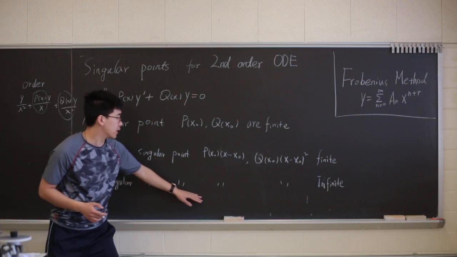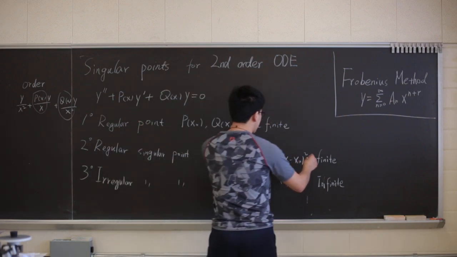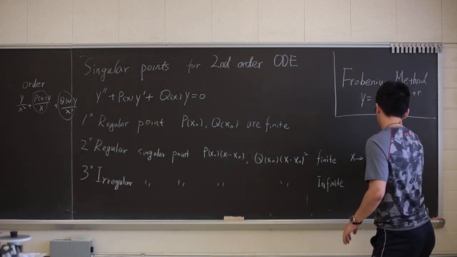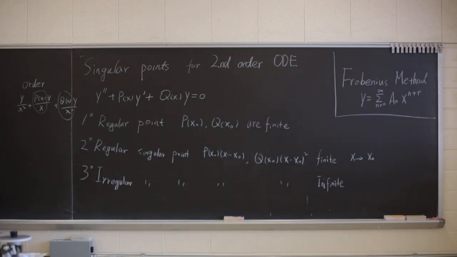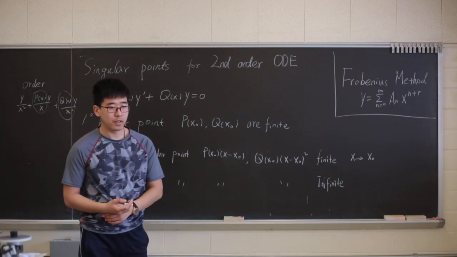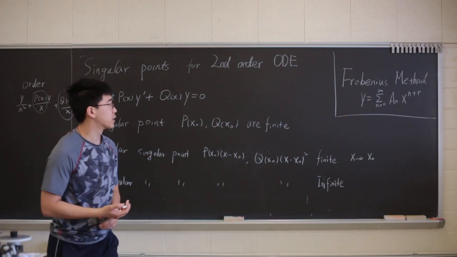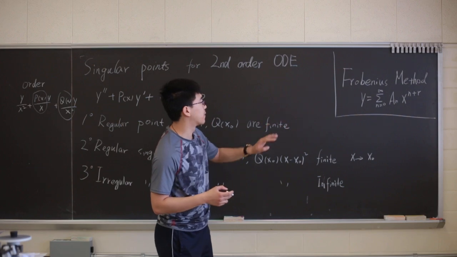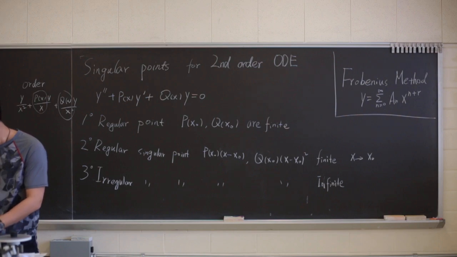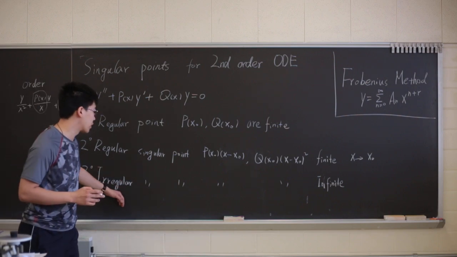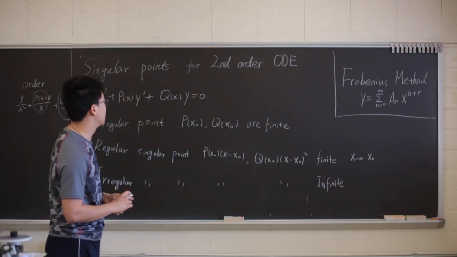And if it's infinite at those points, of course, with x approaching x0, then the growth rate is higher than the polynomial, which gives us a bigger challenge, or we have to modify the Frobenius method to a different one that can actually solve the irregular point, which I also think we're going to talk about in the Frobenius method.